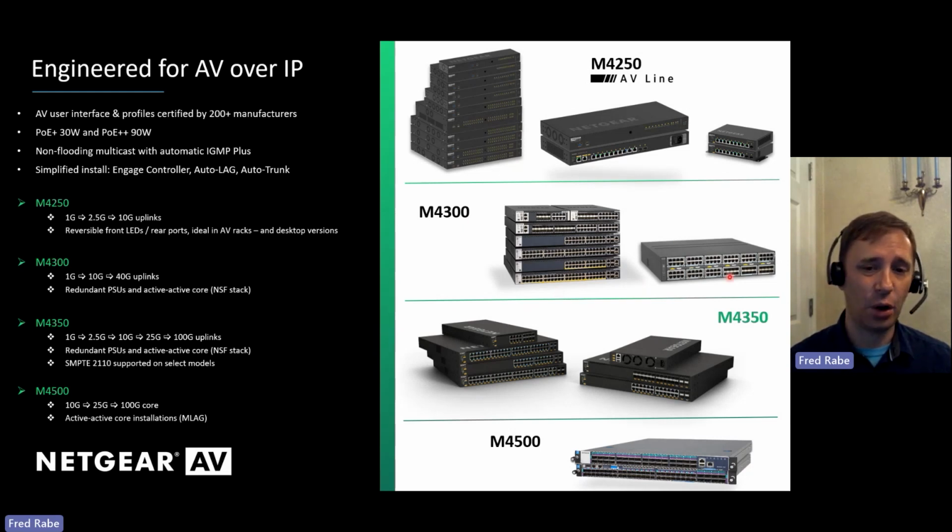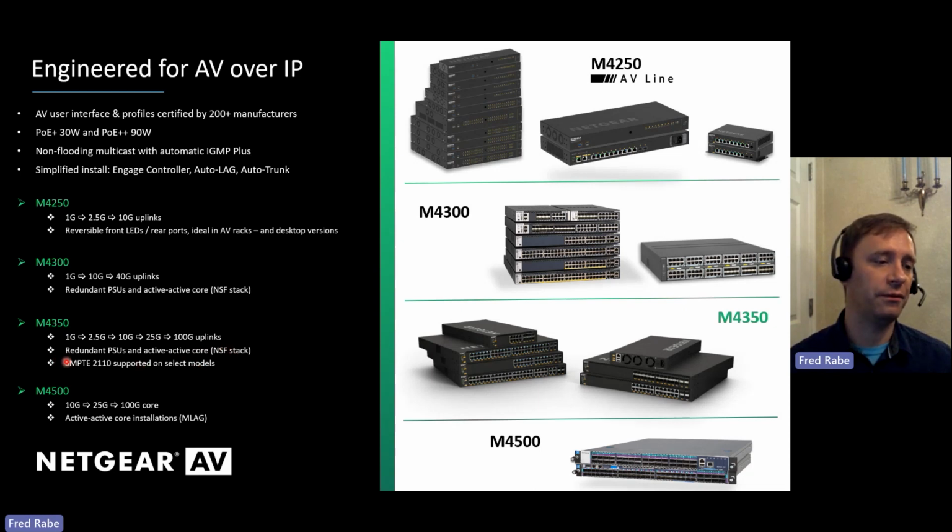If you're doing that in the home, we will happily help you spec which switch, and Next Level will be happy to sell it to you. The M4350s are brand new, just launched at Infocomm next week. They will not be available until late July. These will have more options for gigabit, 2.5 gig, 10 gig, 25 gig, and up to 100 gig uplinks.